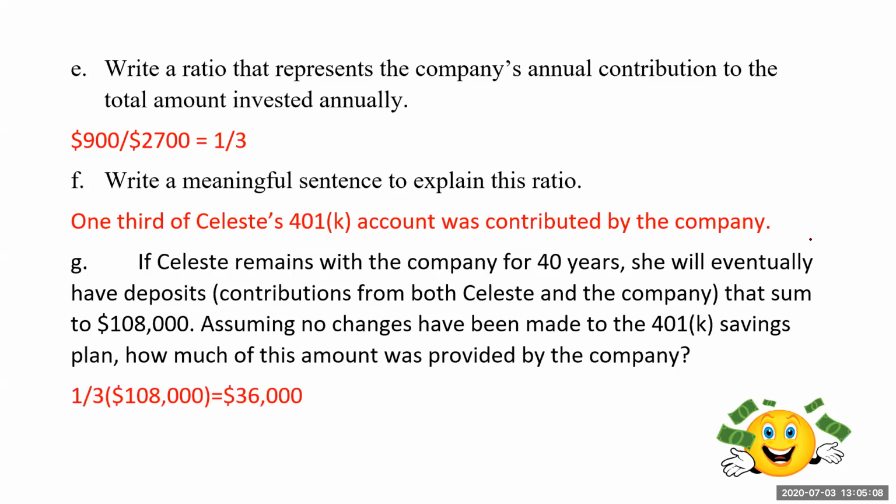Okay, so how much will be provided by the company will be that. So 1/3 of 108,000 will be equal to 36,000. And that is how much the company will contribute. Is that okay? So that is how much the company is going to contribute. Sounds good?